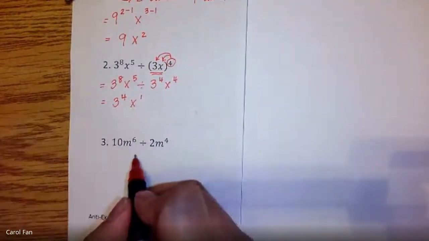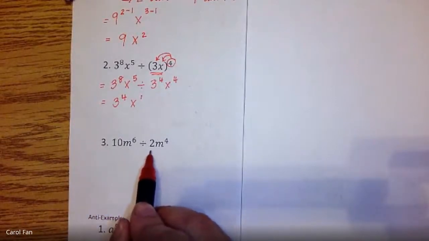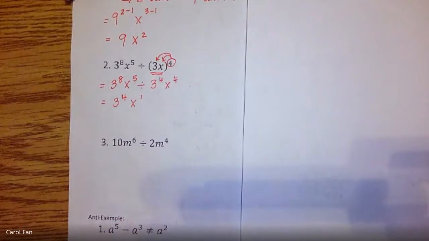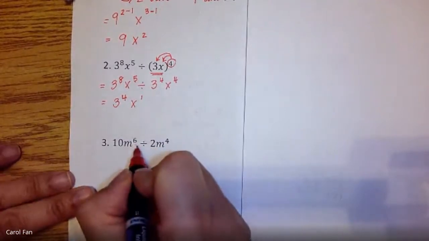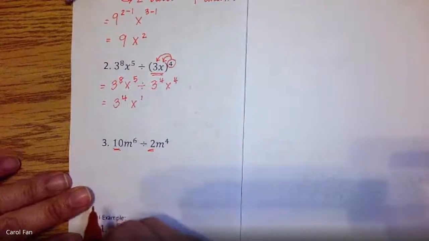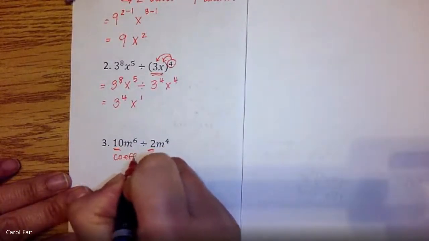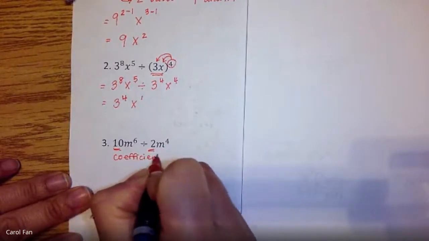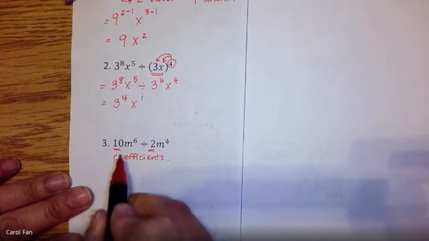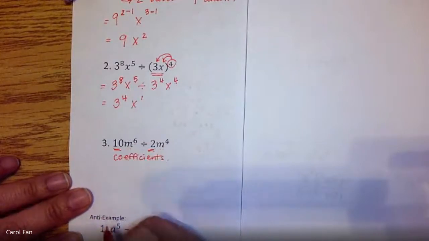Okay, the next example, I have 10m to the power of 6 divided by 2m to the power of 4. Now, these numbers here, they aren't the same. So we're going to call these coefficients because they are numbers that are multiplied to the m^6 and m^4.